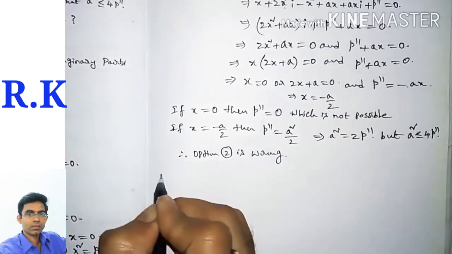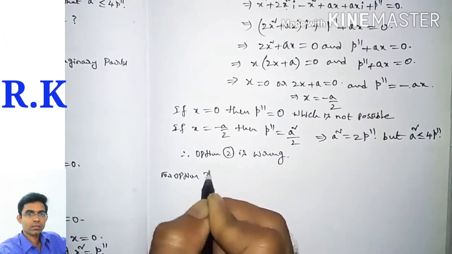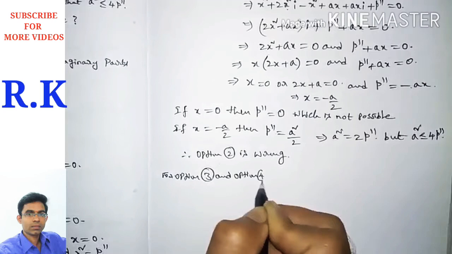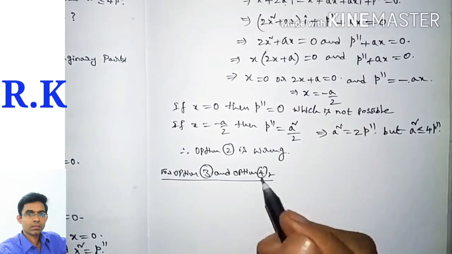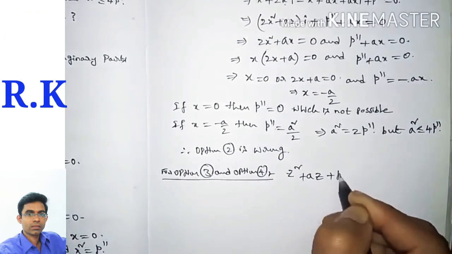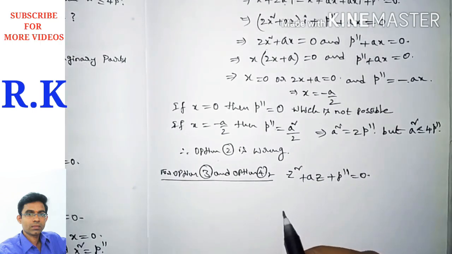So for option 3 and option 4, suppose that here z² + az + p^11 = 0. So we have to find the z value.